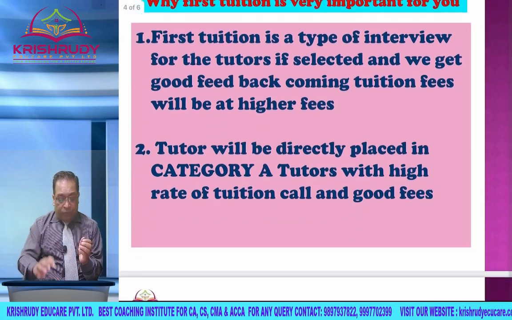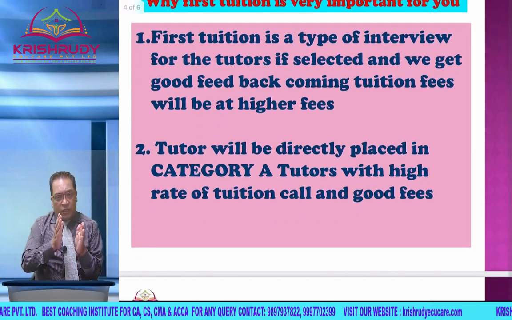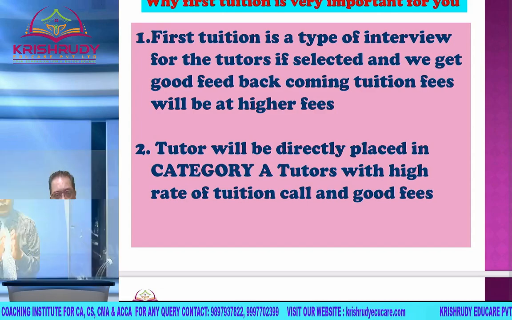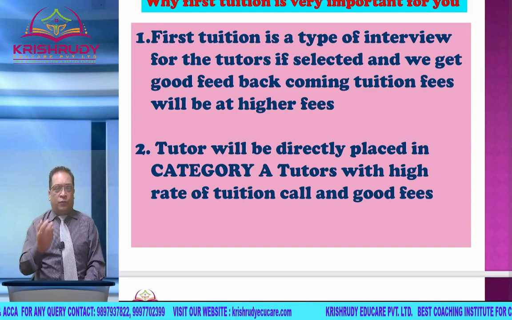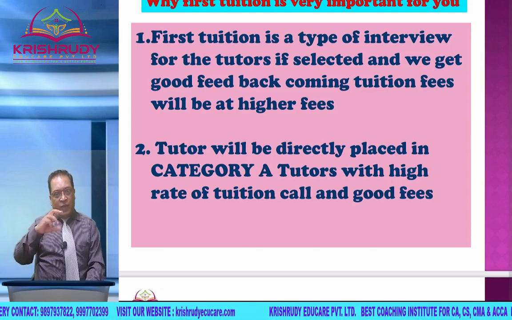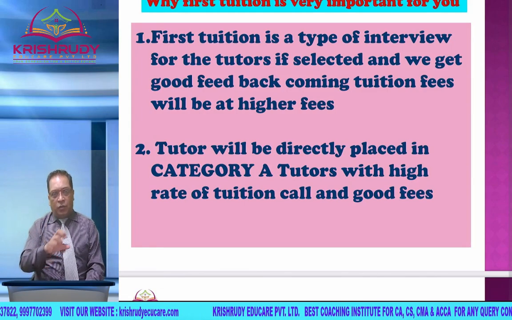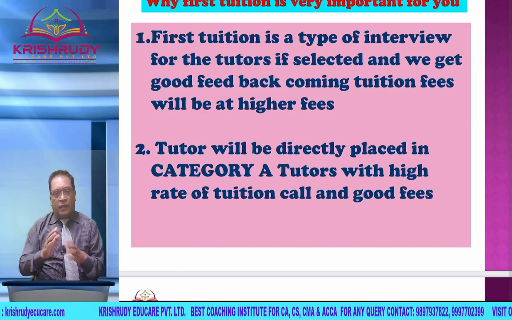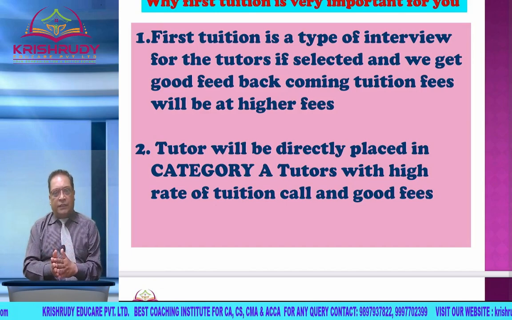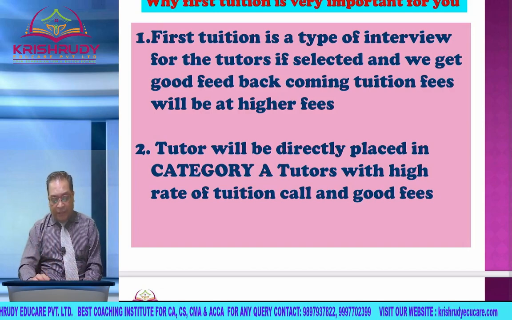Once we arrange a demo class for that first tuition, and we get positive feedback, then we have categorization: category A teacher, category B teacher and category C teacher. What is a category A teacher?